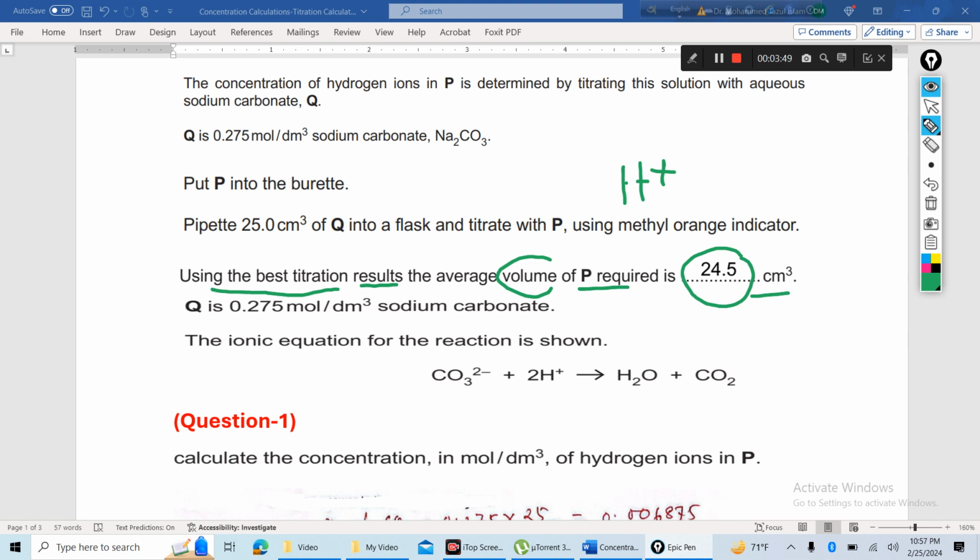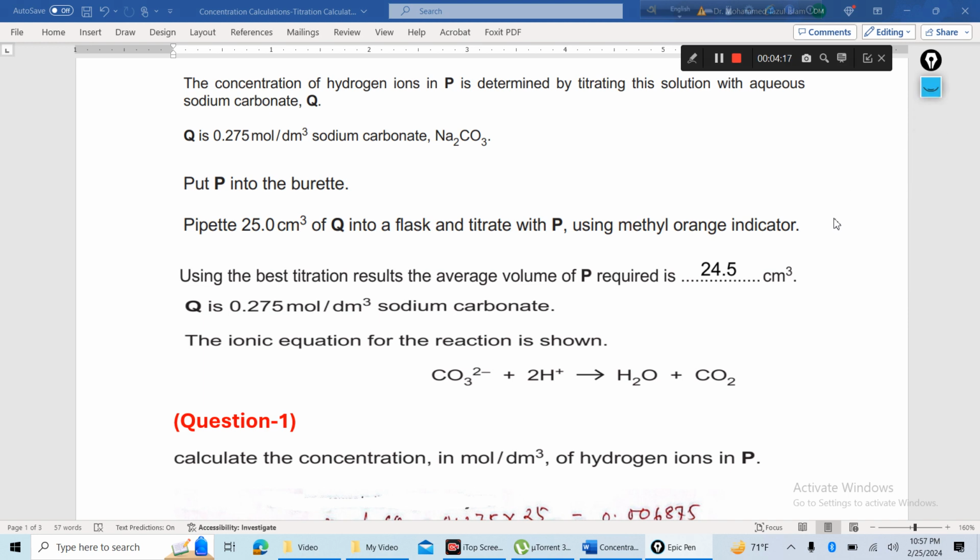This value is obtained from titration. Now the ionic equation for this reaction: acid plus carbonate ion forms water and carbon dioxide. 1 mole carbonate reacts with 2 mole hydrogen ion, a 1:2 reaction ratio.